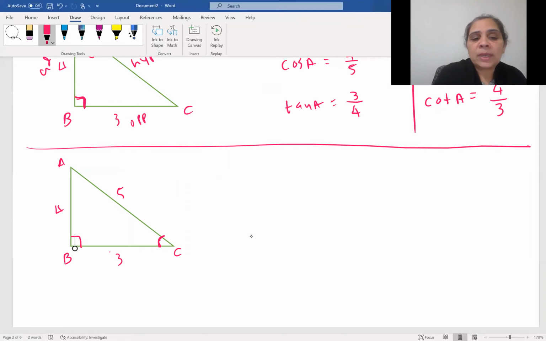So we will use SOHCAHTOA again. We have a right triangle, so yes, we can use SOHCAHTOA, and we will find the 6 trig functions.